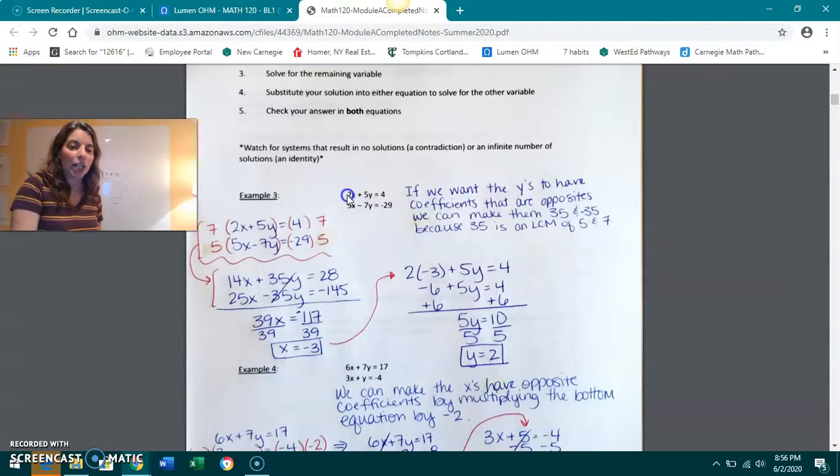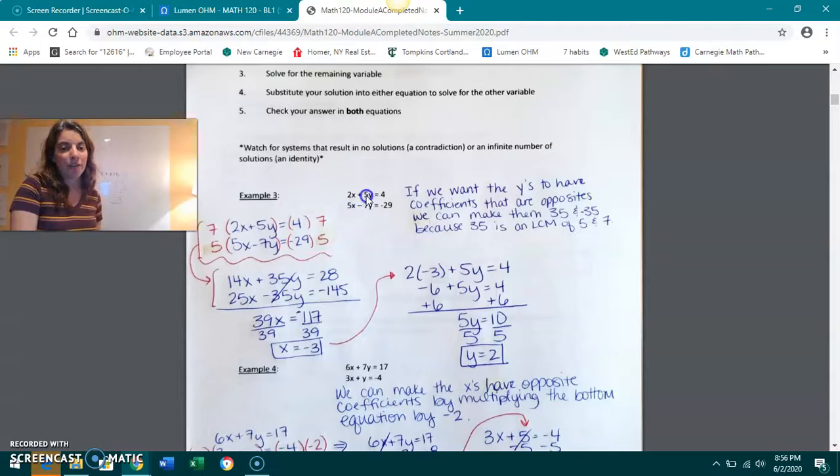So if I look here, the common multiple of 2 and 5 is going to be 10. So I could make both of these into 10, one into -10 and one into +10. Here, 7 and 5, I could make into 35 because that's the least common multiple. I could have done either one. In my example here, I chose to eliminate the y's by making them both have coefficients that are opposites.